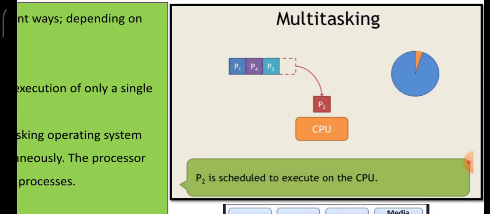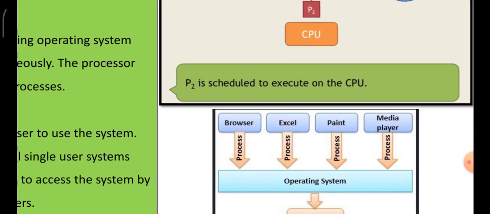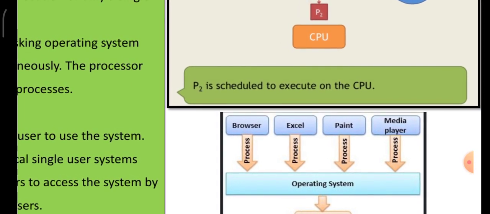At that point of time, the CPU is taking the program P2 and it gets executed, and soon after it gets executed, it picks the other program. So multitasking can happen. P2 is scheduled to execute on the CPU.